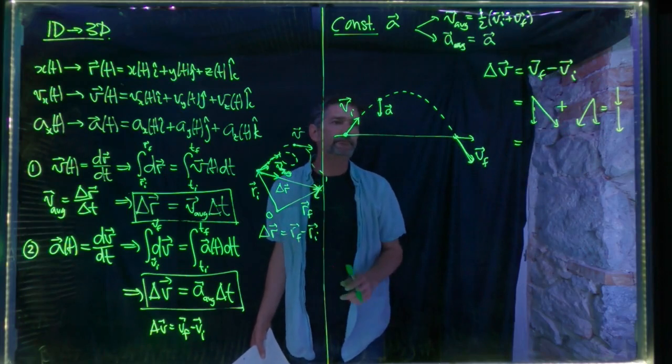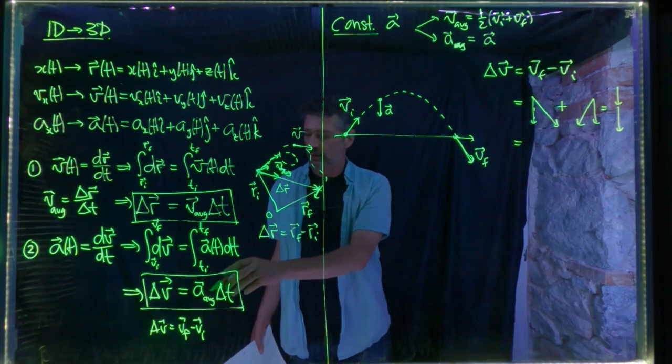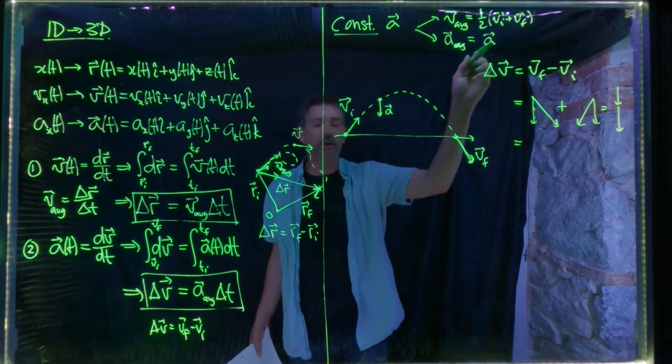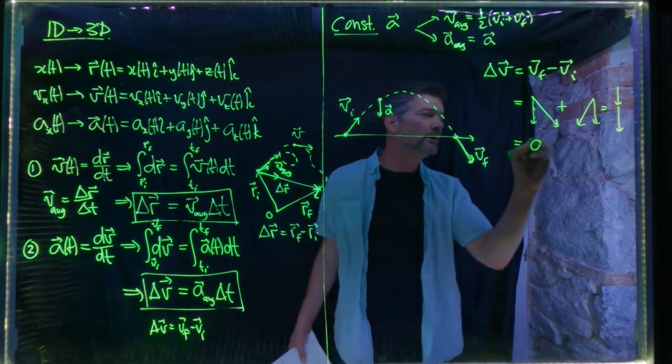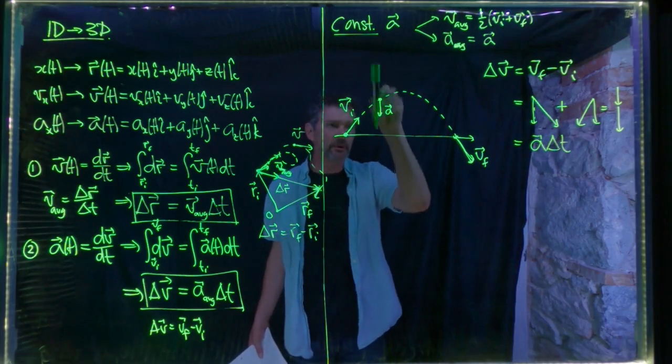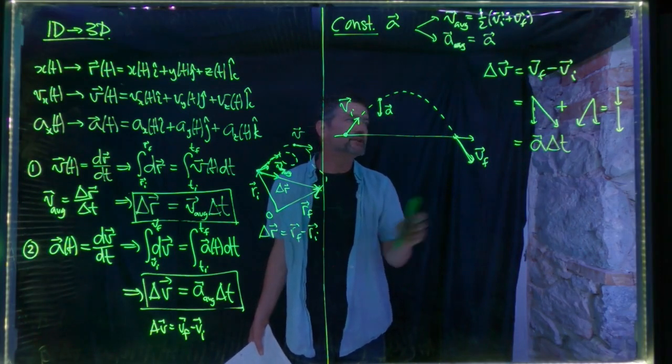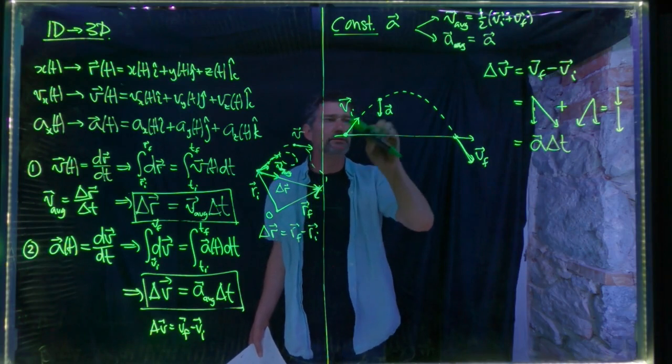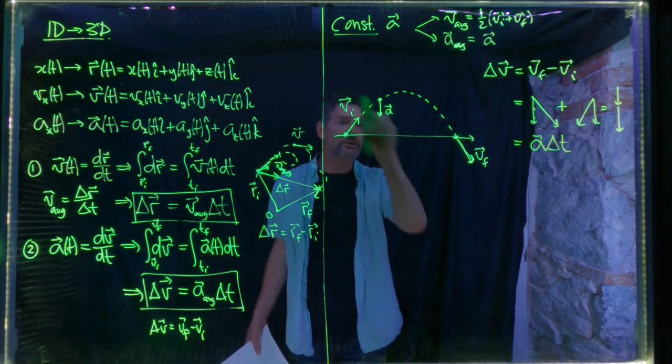And that's supposed to equal the average acceleration, which is constant in this case, times delta t. That makes sense because the acceleration is pointing down, and that acceleration is acting for a time delta t, so the change in the velocity better just be down.